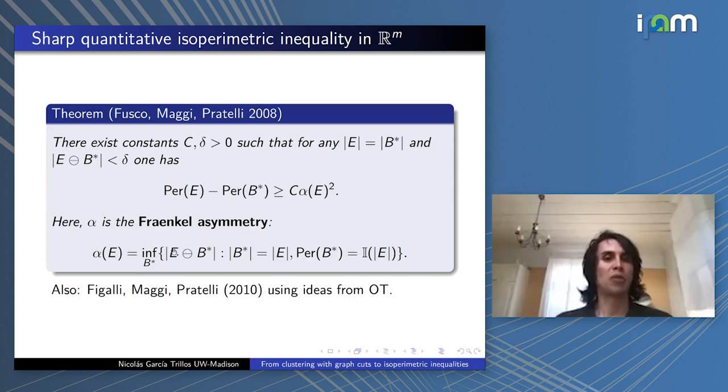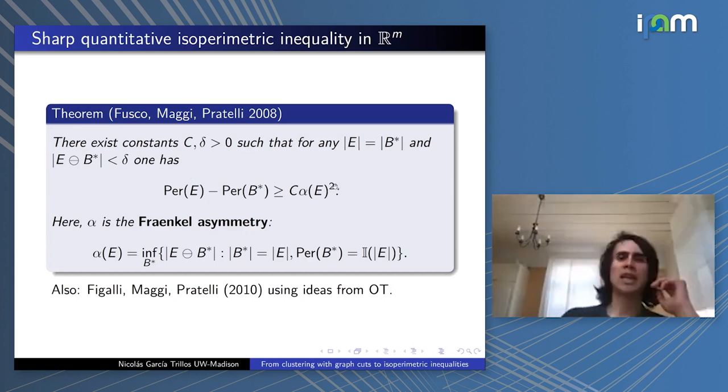As you know, how big is the symmetric difference? How can we control that symmetric difference with the difference of perimeter? So in this work of Fusco, Maggi, and Pratelli, they were able to show that the dependence of the difference on perimeter and how different these sets are is like this, with the power 2 over here.